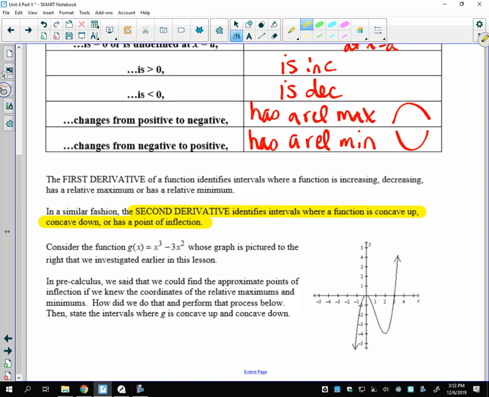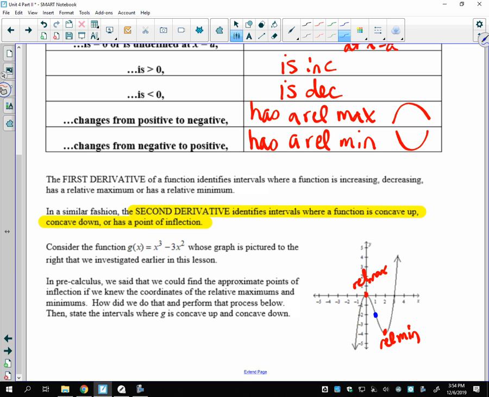And so basically it's halfway between the max and mins is how you kind of think about it. So if you think about this, tangent lines are above graphs that are concave down and below graphs that are concave up. And so you know this is a relative max and this is a relative min. So where does this graph change concavity?